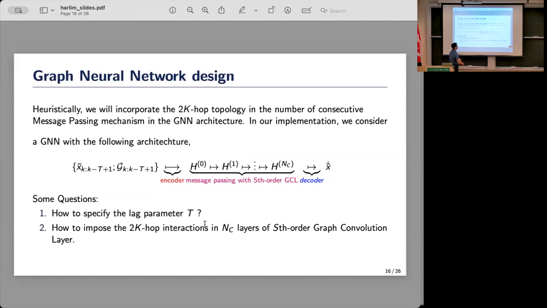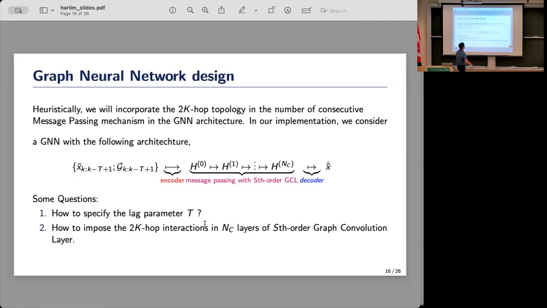Our goal is to learn this vector field, whose input is basically a time-lag embedding of your state variable as well as the topology. Why the topology? Because later on we are interested in what happens if you change the topology. Once you change the topology, I want to be able to predict that. And you'll see in a certain example, this is very important.